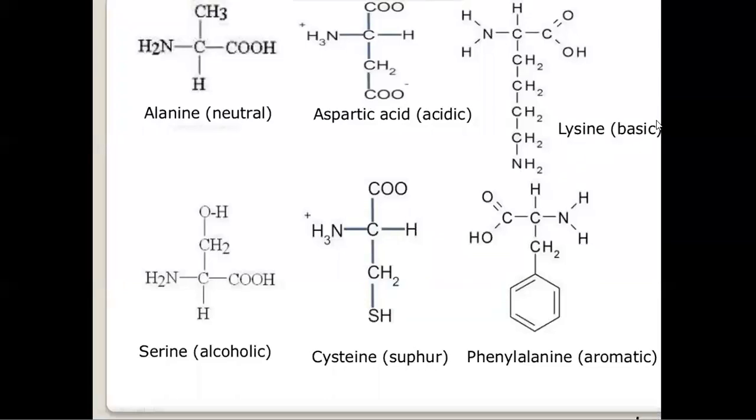Lysine produces basic nature because it has an extra amine group. Serine is an alcoholic amino acid because it has an alcoholic functional group. Cysteine has a sulfur, so it is a sulfur containing amino acid. And phenylalanine is called aromatic because it has an aromatic ring.